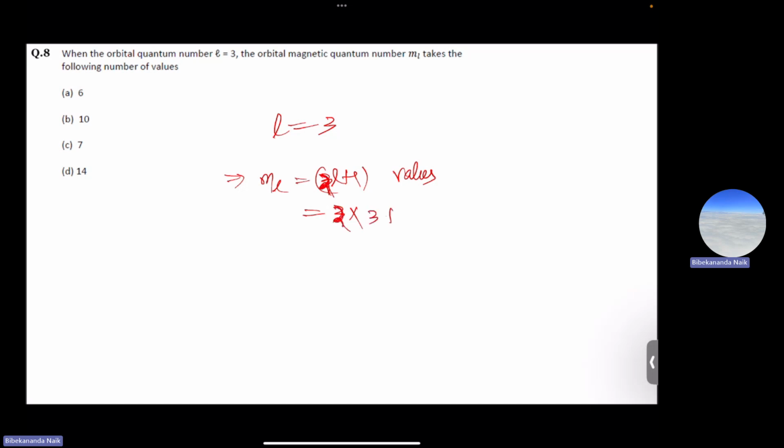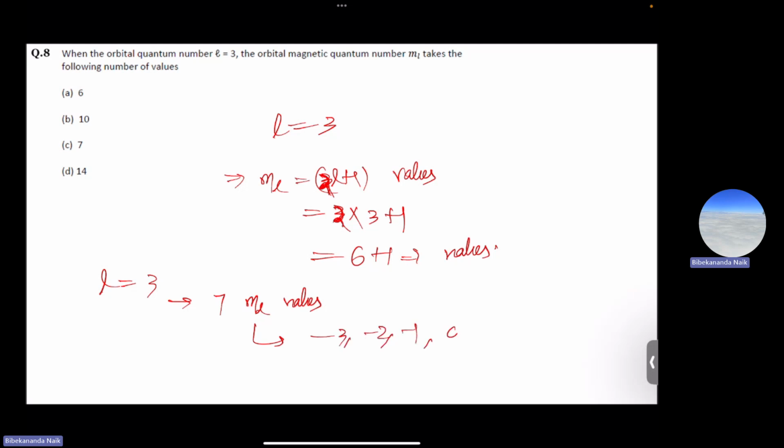So 2 into 3 plus 1, that is 6 plus 1, which is 7 values. So for L equal to 3, there are 7 ml values. What are they? Minus 3, minus 2, minus 1, 0, 1, 2, 3.